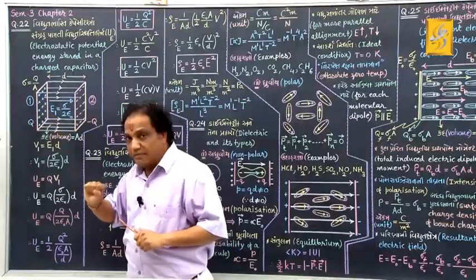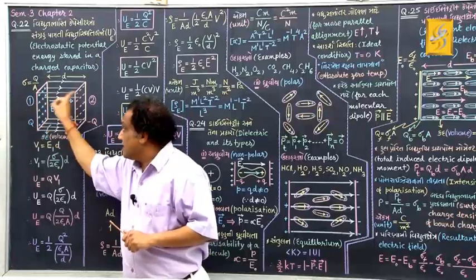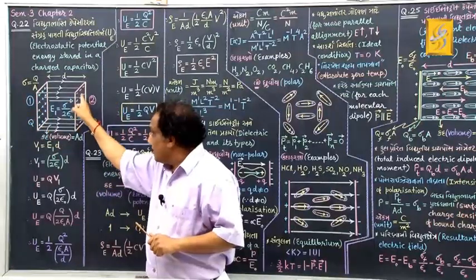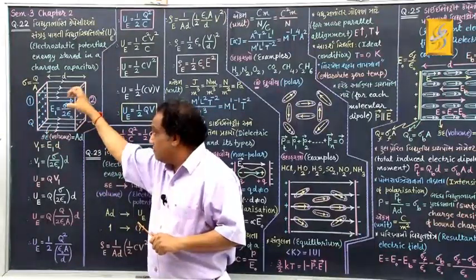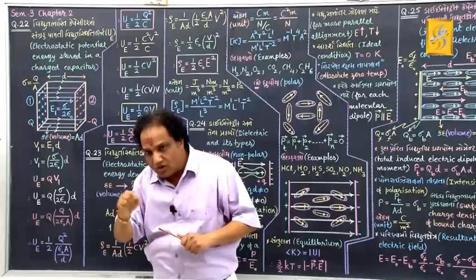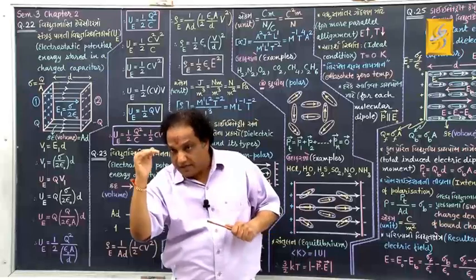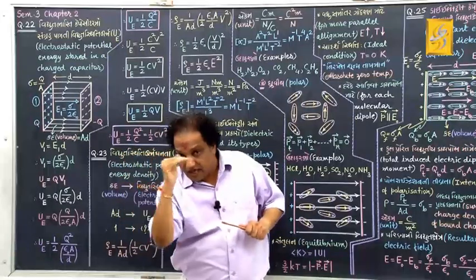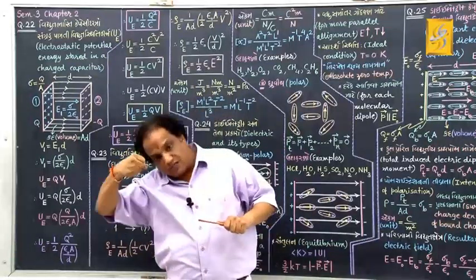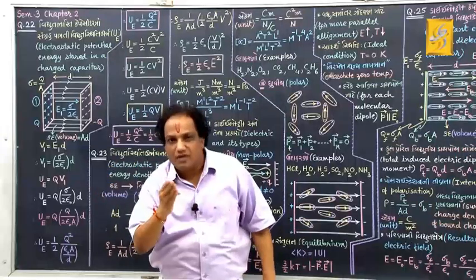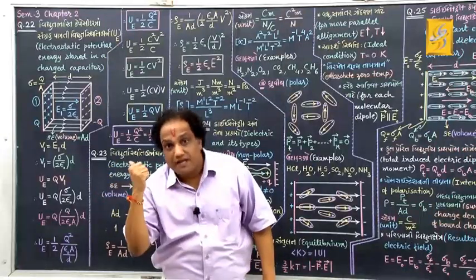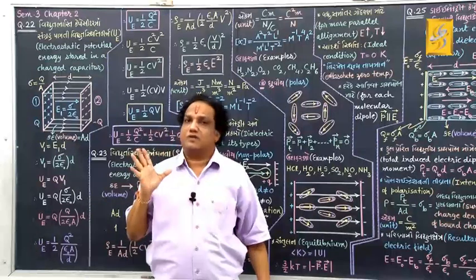This positively charged plate will repel that positive charge and this negatively charged plate will attract it. In short, there will be some electric force on that positive charge and displacement is undergone in the direction of force. So work is done on that charge. Tell me who has done that work? That electric field has done that work.